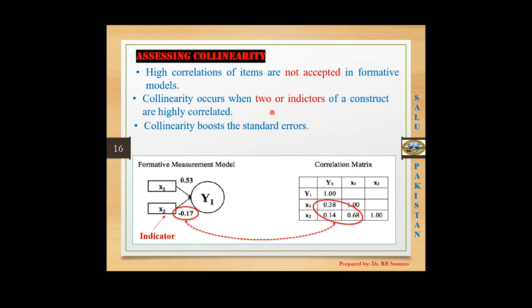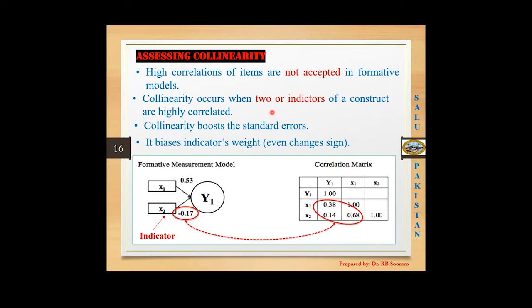Now, if there is collinearity in your data, what will happen? It will boost the standard error unnecessarily. It will exaggerate the value of the standard error. And another problem is that it biases indicator weights. I think you know the difference between loadings and weights.